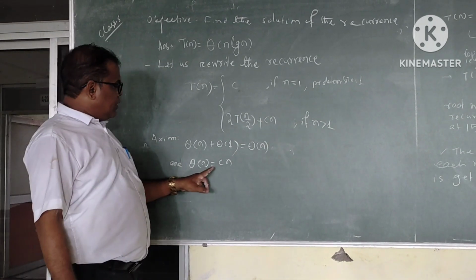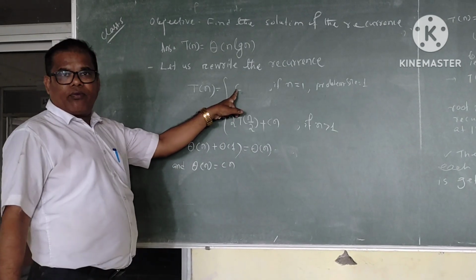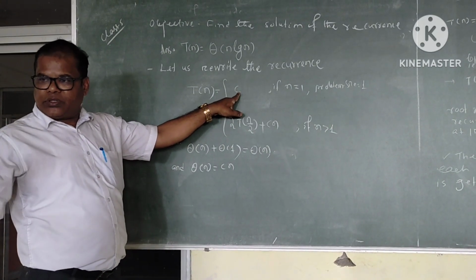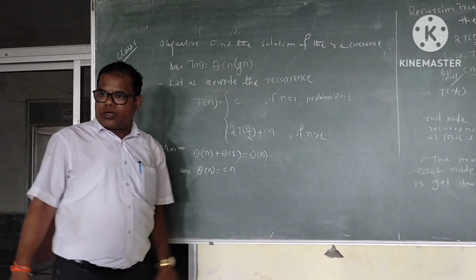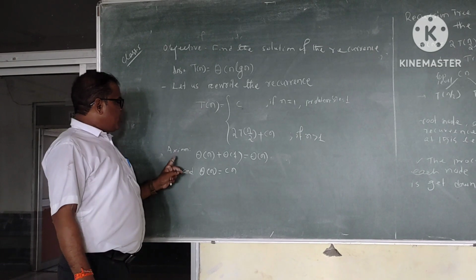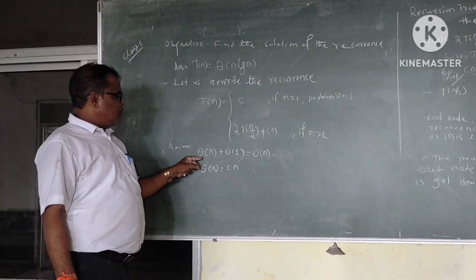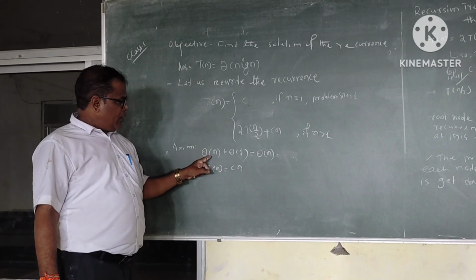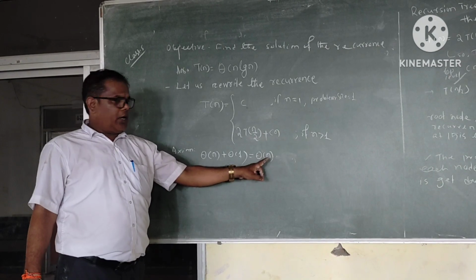So instead of writing theta of n, we are writing cn. Here also, instead of writing theta of 1, we are writing constant time. Sir, why are you writing this? I am explaining how it works in my recursion tree method. One of the universal truths, an axiom also: theta of n, if added with theta of 1, the answer will be theta of n.